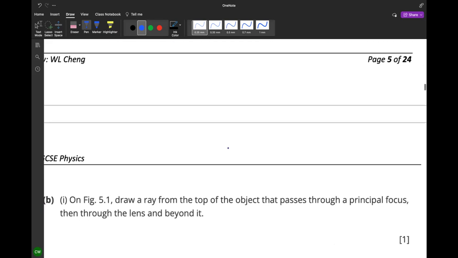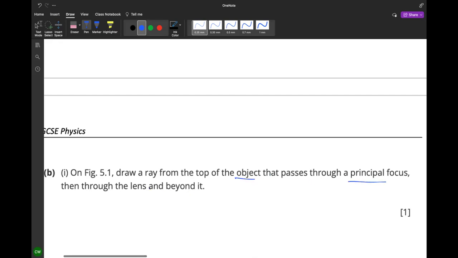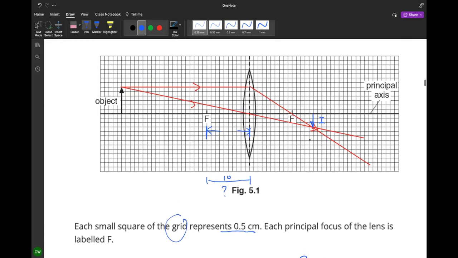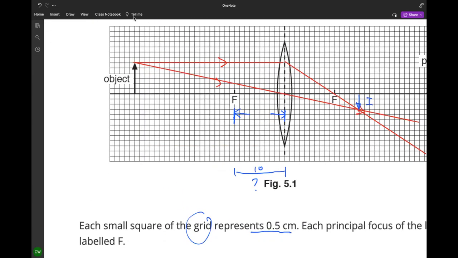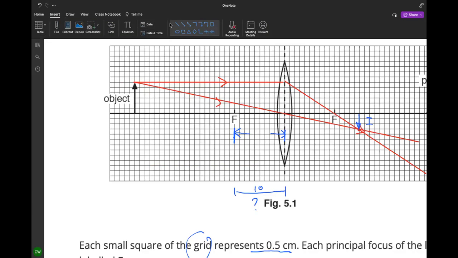No question. Okay, on this one, draw a ray from the tip of the object that passes through the principal focal point and to the lens and beyond it. So what you need to do is start from the tip to this focal point.